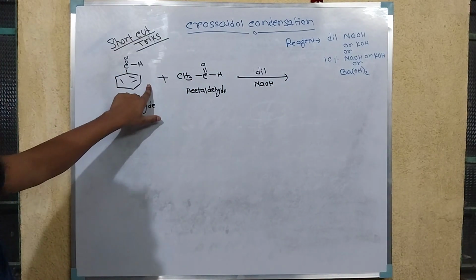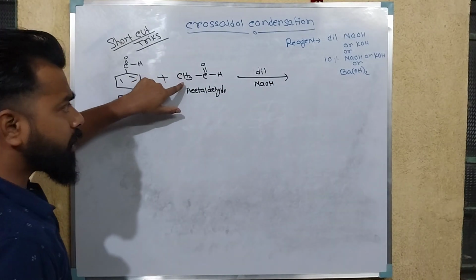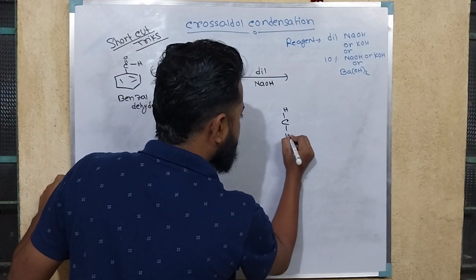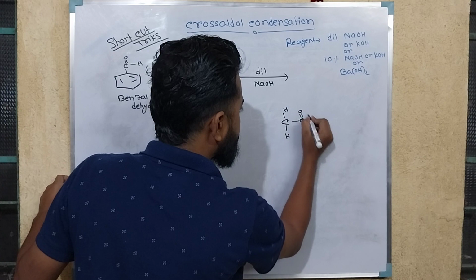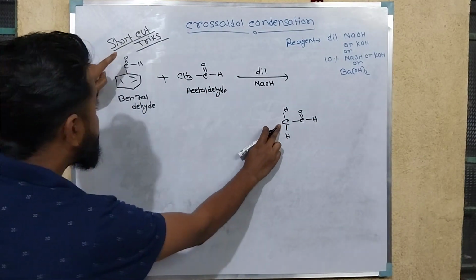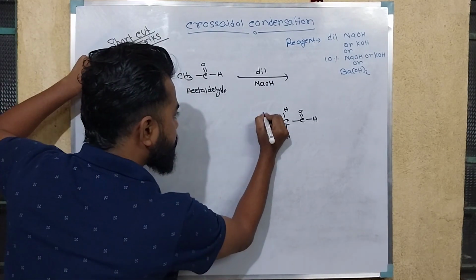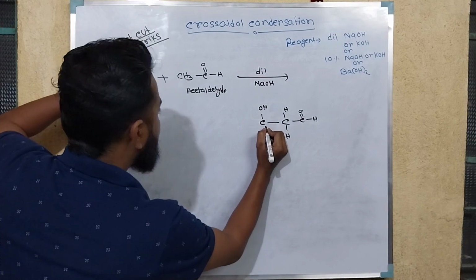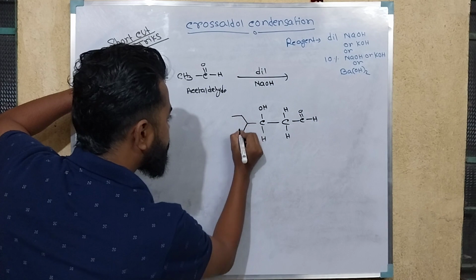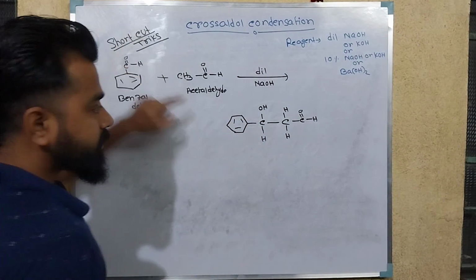We know benzaldehyde does not contain any alpha hydrogen, but acetaldehyde contains 3 alpha hydrogen. So at first we write 1 alpha hydrogen less acetaldehyde. This carbon attached with this carbon. This carbon attached with this carbon. So we write this carbon. This is OH, 1H, 1 benzene ring. Okay, this is the product.